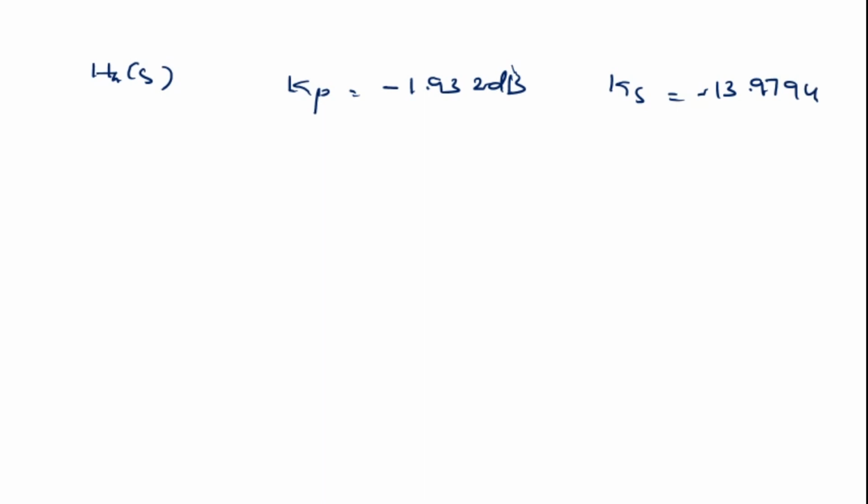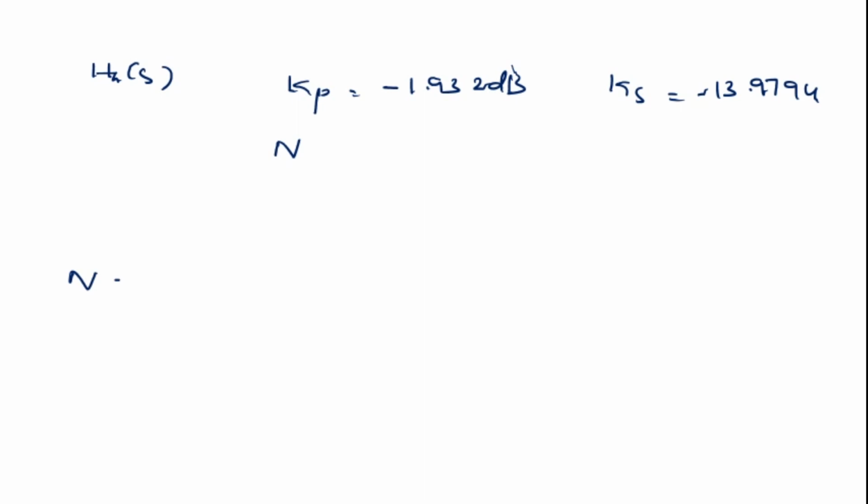So a Butterworth analog filter is chosen as the analog prototype to meet the maximally flat condition for the frequency response. Using the specifications given in the step, we have to design an analog low-pass filter HA of S. So we take Kp equal to minus 1.9328 decibels and Ks equal to minus 13.9794 decibels to find the value of n.